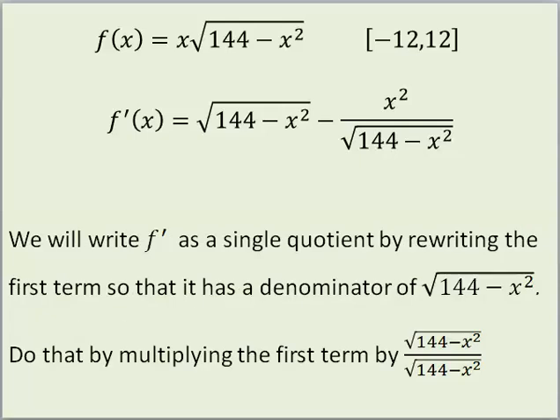We will write f prime as a single quotient by rewriting the first term so that it has a denominator of radical 144 minus x squared. Do that by multiplying the first term by radical 144 minus x squared over 144 minus x squared.